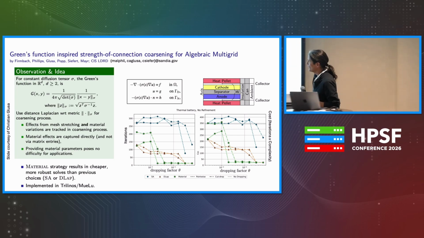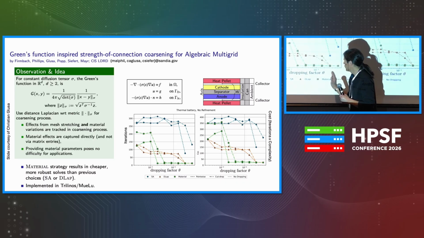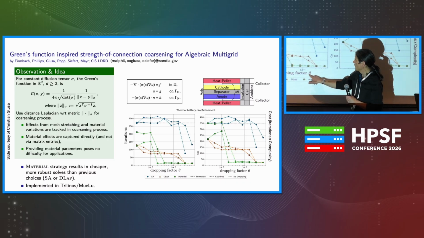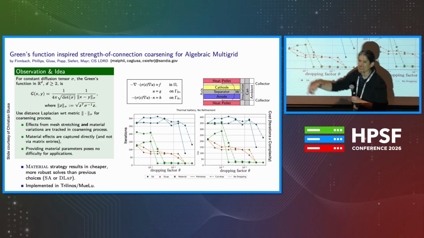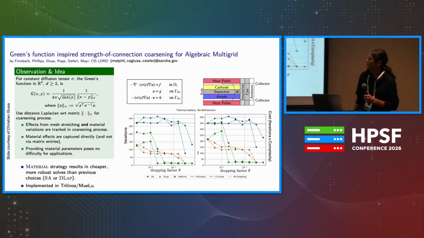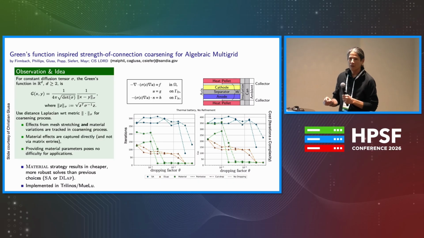Basically, there's this comparison where they're changing this theta, this dropping factor, and then comparing how many iterations this takes. The key takeaway here is that in the classic case, this is something that the user has to tune.